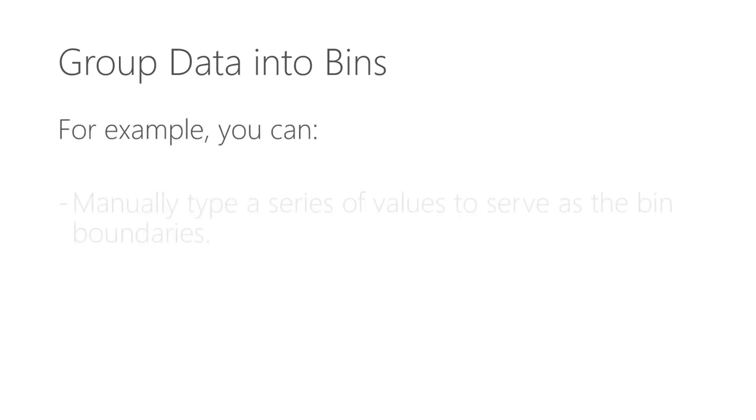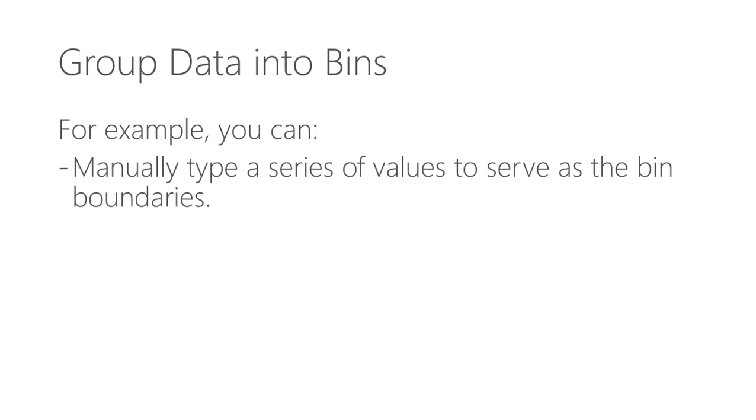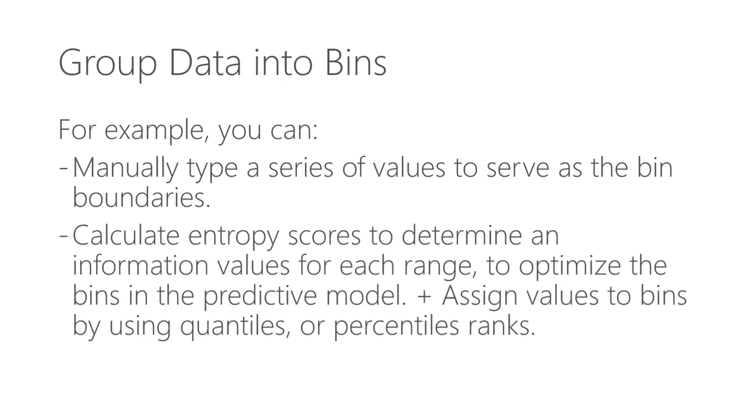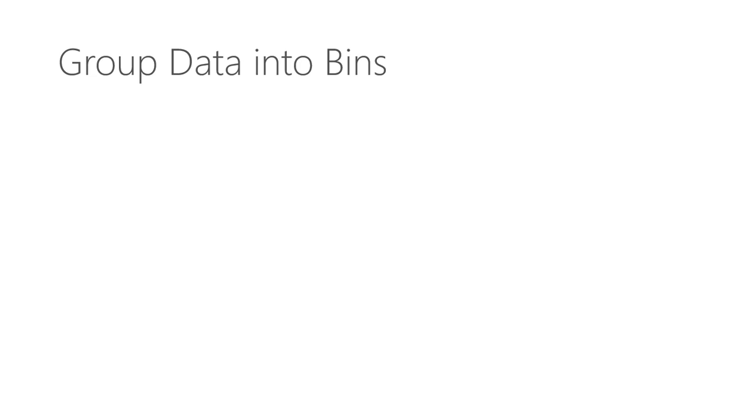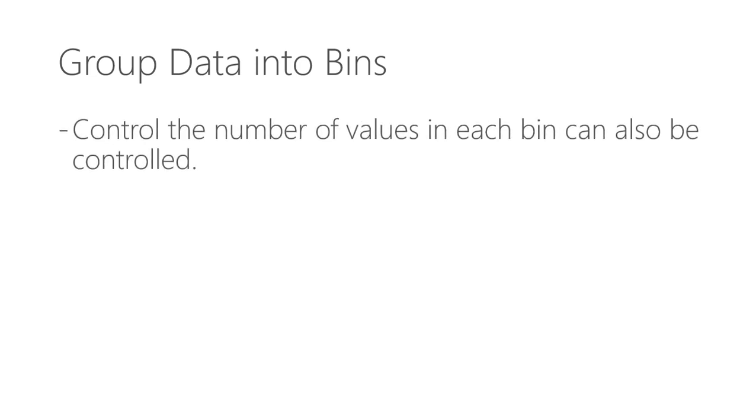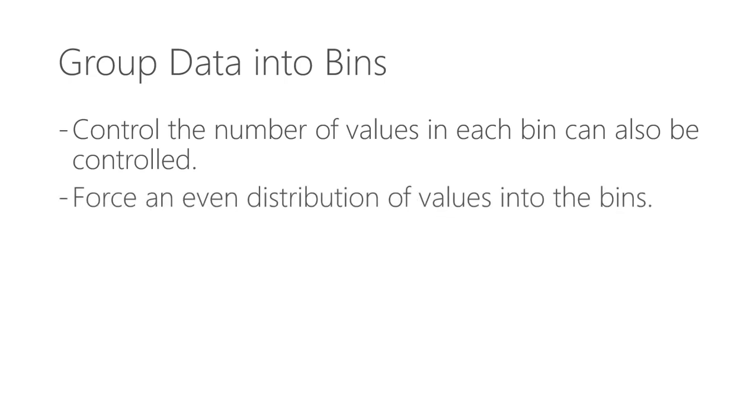For example, you can manually type a series of values to serve as the bin boundaries, calculate an entropy score to determine an information value for each range to optimize the bins for a predictive model, plus assign to bins by using quantiles or percentile ranges. The number of values in each bin can also be controlled, forcing an even distribution of values into the bins.